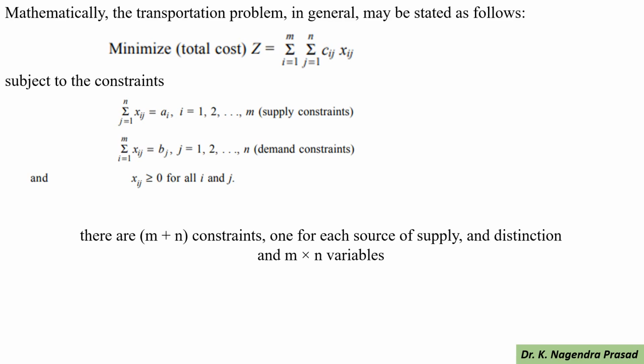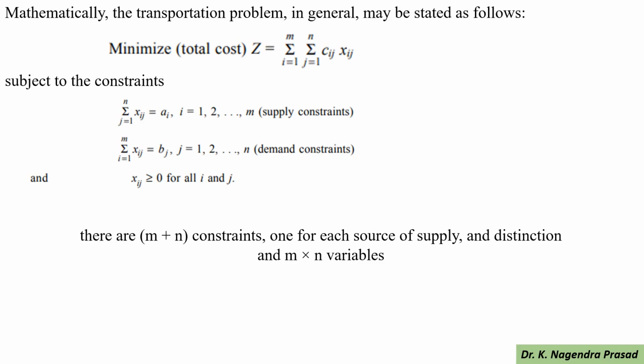Minimize Z equals the summation over j equals 1 to n and the summation over i equals 1 to m of Cij into Xij, and the constraints are the summation over j equals 1 to n of Xij equals Ai and the summation over i equals 1 to m of Xij equals Bj.